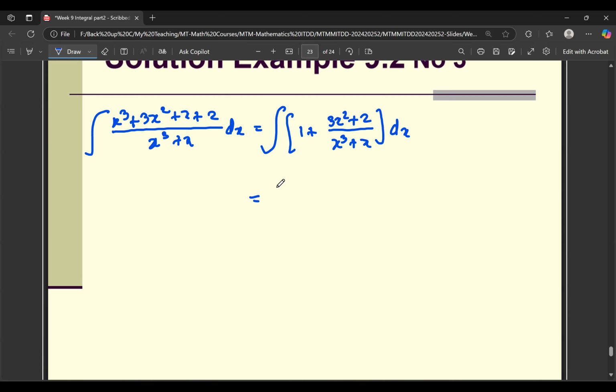So the integral of dx plus the integral of 3x squared plus 2 divided by x cubed plus x dx.